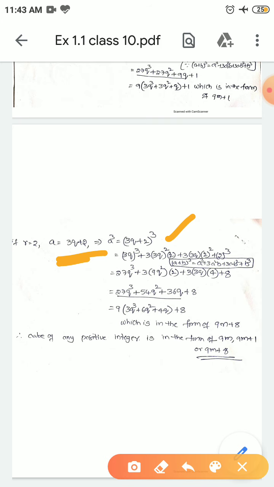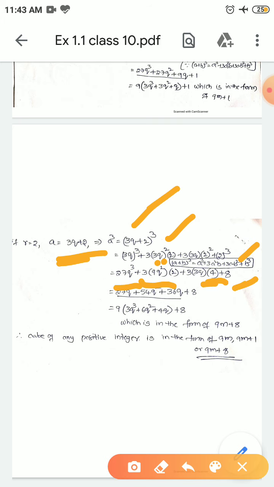Now here find a cube, apply the same (a plus b) whole cube formula, and you are going to get 27q cube. On simplification, 3 into 9, 3 square is 9, q square is q, and 3 into 3q into 2 square is 4, and 2 cube is 8.